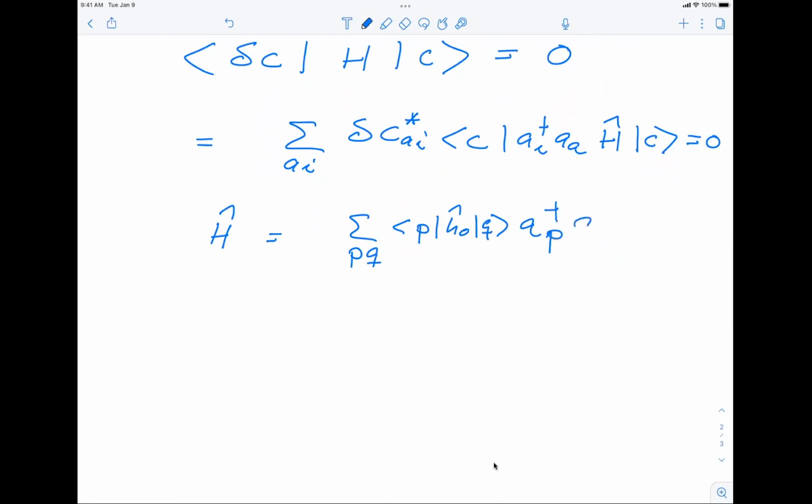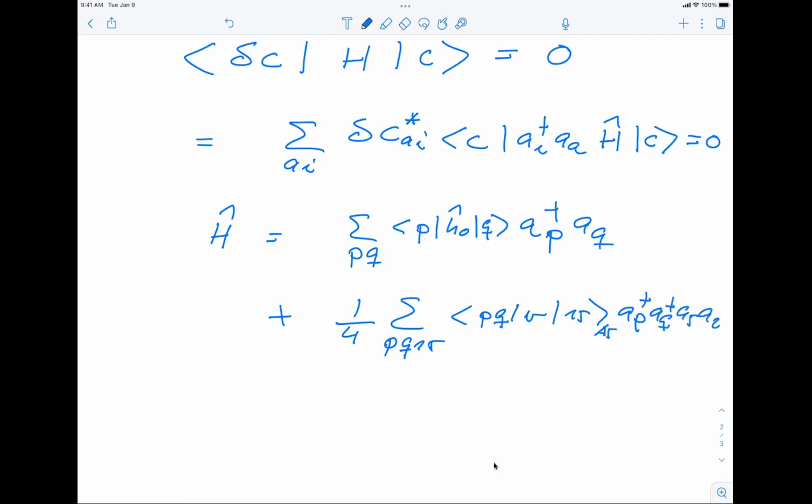In principle, we could rewrite this in terms of the new vacuum state, but let's just leave it as it stands now. And then we have the PQRS, and the matrix elements of P, Q, V, RS, which are anti-symmetrized matrix elements, and then we have the operators a_P dagger, a_Q dagger, a_S, a_R.